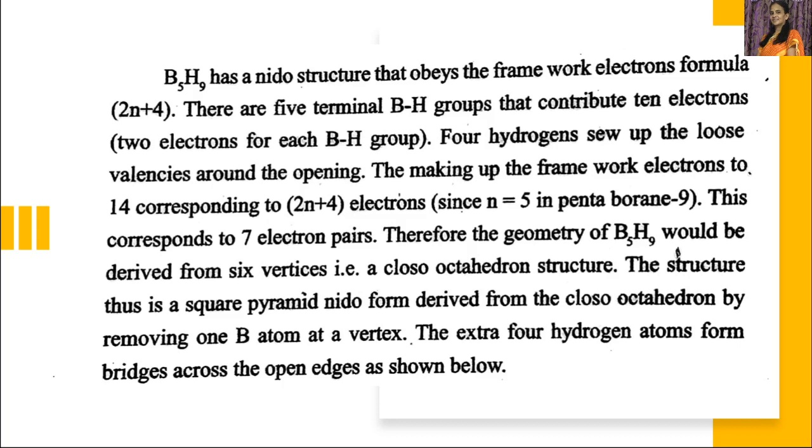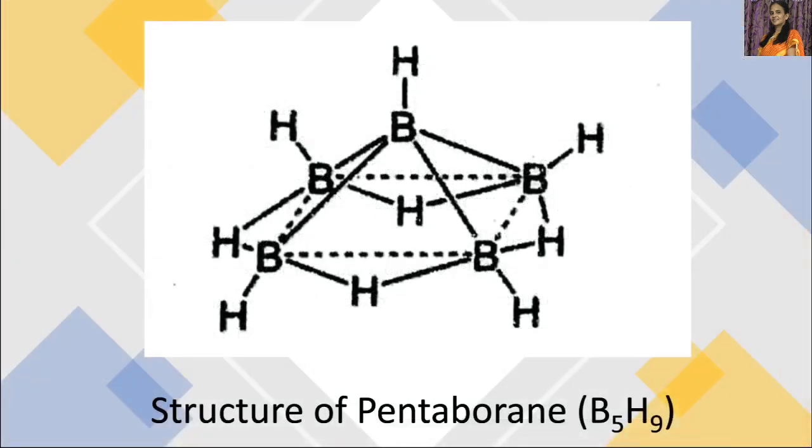The extra four hydrogen atoms form bridges across the open edges, as given here. You can see here the octahedron structure, where at one vertex the B atom is removed, therefore only 5 boron atoms. This is a BHB bridge, and here BH bonds, and here one more BHB bridge.